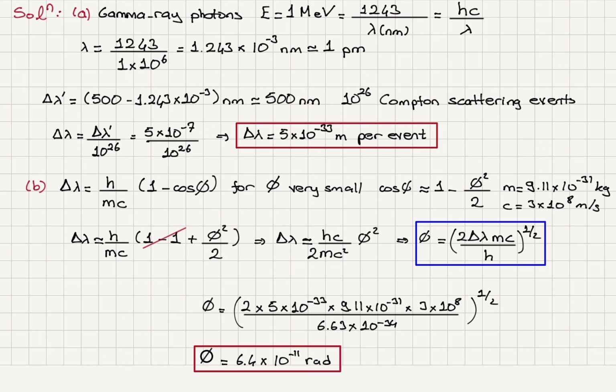Now this happens for a scattering angle phi, h over mc equals 1 minus cosine phi. If phi is very small, we can substitute 1 minus phi squared over 2. We see that the scattering angle phi for these photons is very small, 6.4 times 10^-11 radians.